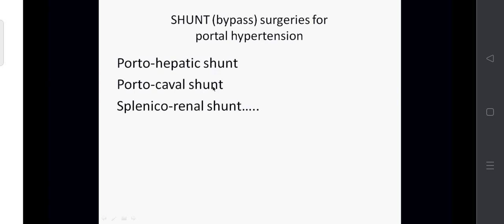The blood from the portal vein can be directly diverted to the hepatic veins, that is the portohepatic shunt, bypassing the liver, or it can be diverted directly to the inferior vena cava, called portocaval shunt, or from the tributary of portal vein, that is the splenic vein, to the tributary of inferior vena cava, that is the renal vein. Splenico-renal shunts and many more shunts are possible here.